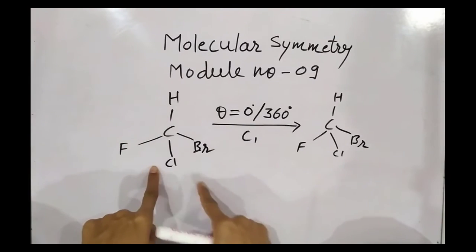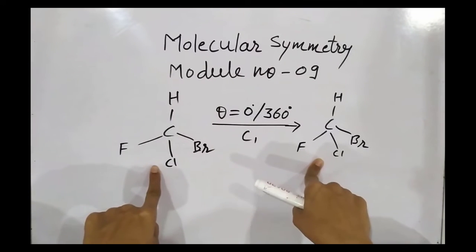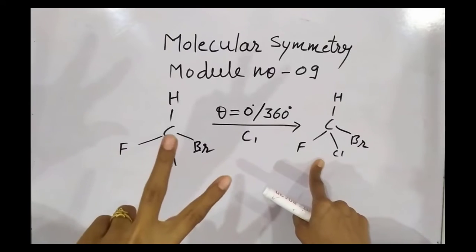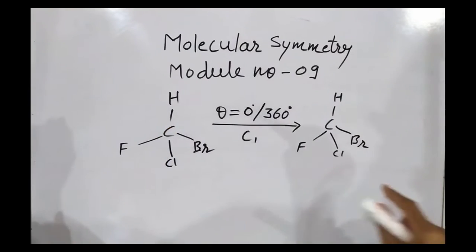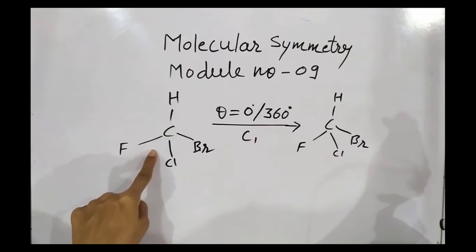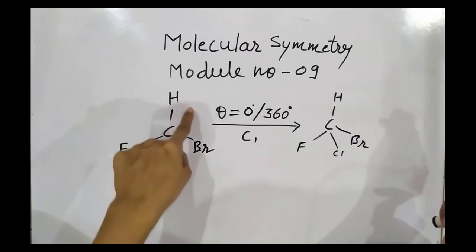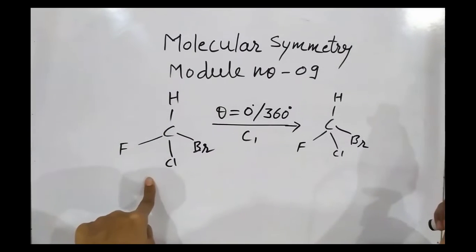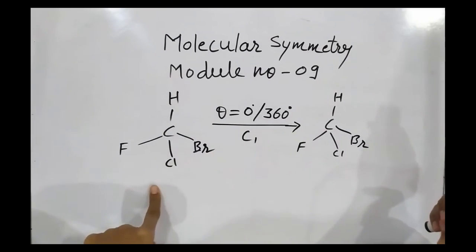You know the rule of carrying out a rotation operation: you have to keep rotating the molecule till you get the identical or original image. According to that rule, how will you rotate this molecule? As all the atoms are different, you can't rotate it by 180, 90 or 60 degrees or whatever degree.